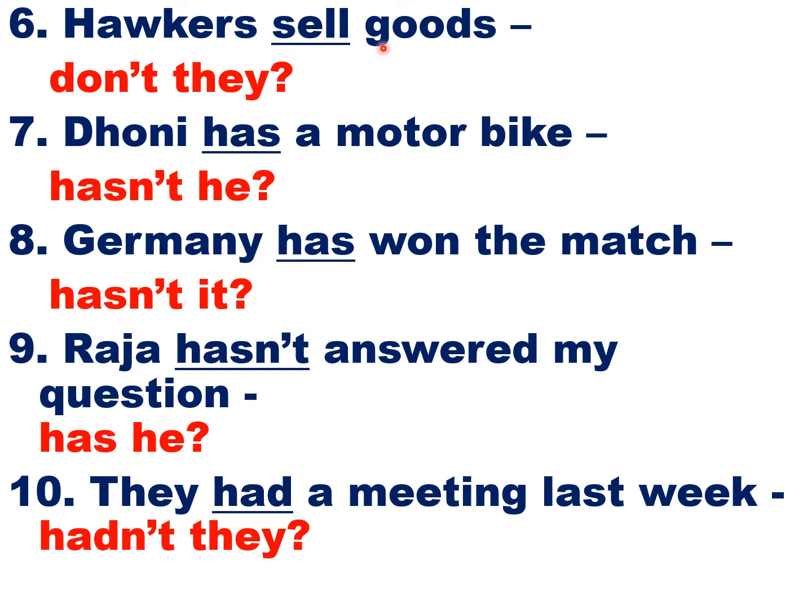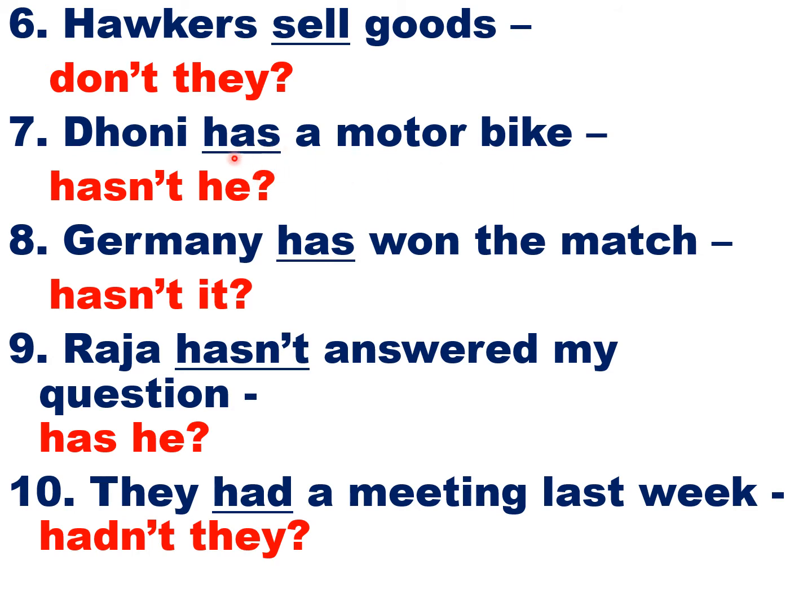Hawkers sell goods. No auxiliary verb. Main verb is here. Sell is in present tense. Hawkers is plural. So, don't they. Hawkers sell goods gives positive sense, so the tag is in negative form. Dhoni has a motorbike.